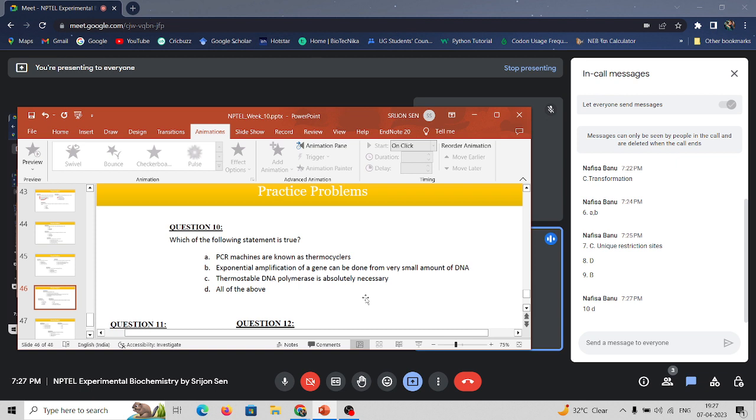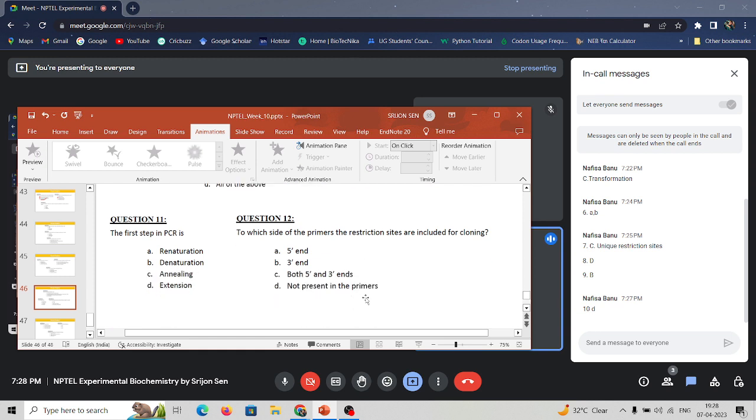Yes, all of the above are correct, because for PCR you require a thermostable DNA polymerase, you require the primers, you require a thermocycler, which is a PCR machine for modulating the temperature change, and also exponential amplification of a gene can be done from a very small amount of DNA. Like from 1 we get 2, then 4, 8, so it's increasing exponentially.